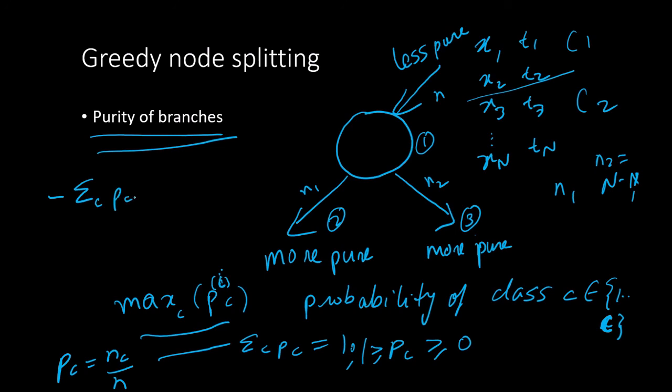So this is the entropy. That's another measure of purity, or rather a measure of impurity. High entropy means high impurity. So the negative of entropy, where this negative sign is dropped, is going to be purity. So this is impurity.